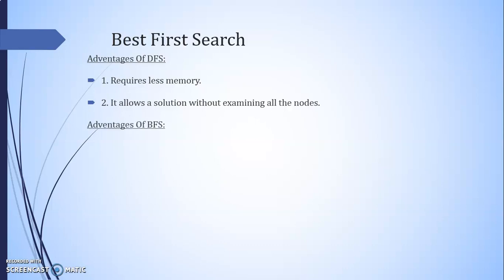And what are the advantages of BFS, breadth first search? It does not get trapped at a dead end. We have discussed the dead end in DFS. What is a dead end? A dead end is a node where there is no successor of the node. But in BFS there is no trapping at a dead end, because BFS works on the basis of level-wise search.